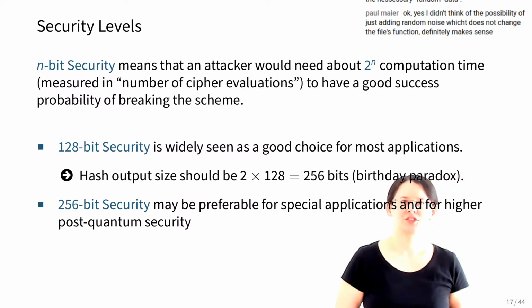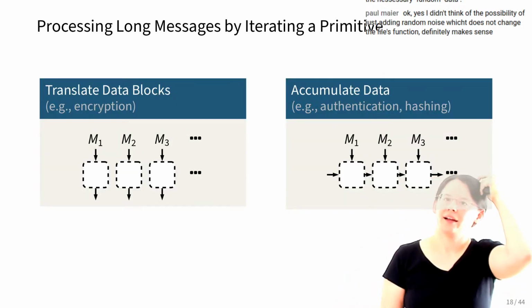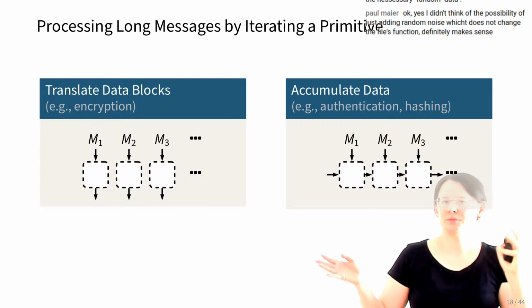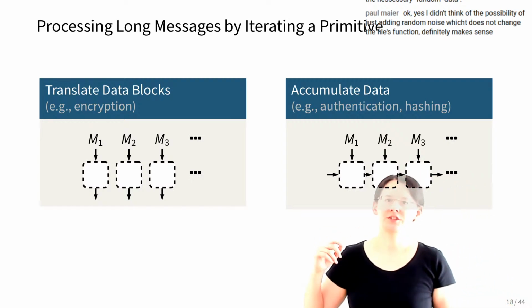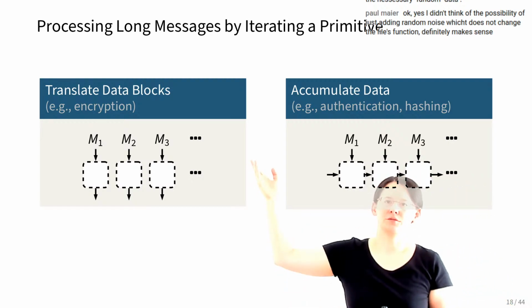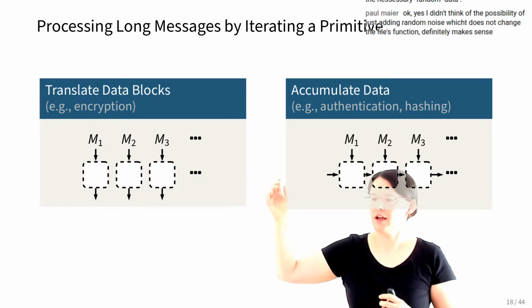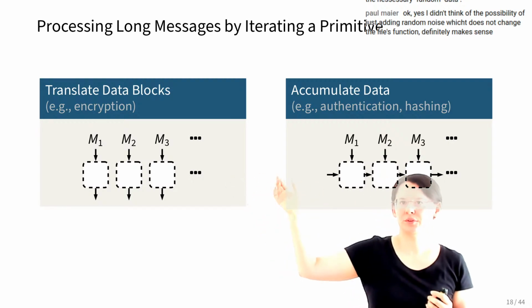In the meantime, let's jump on to how to actually construct hash functions. All of the schemes we're going to look at are constructed by iterating an internal primitive. The reason is we said that a hash function is supposed to process messages of arbitrary length. But of course, we can only build building blocks with a fixed length.